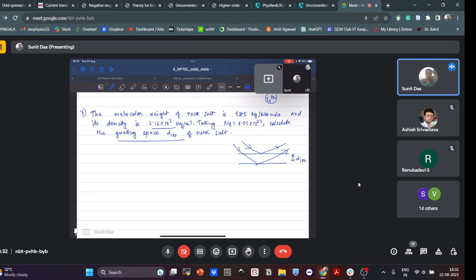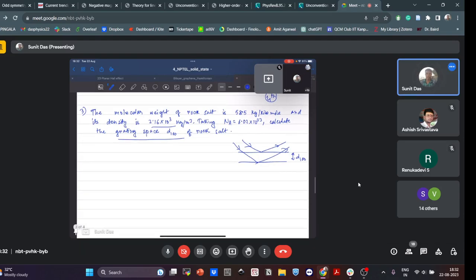Okay, so let me solve the problem. We have the molecular weight, and the density is also given, right? Then we can find the volume of the system.